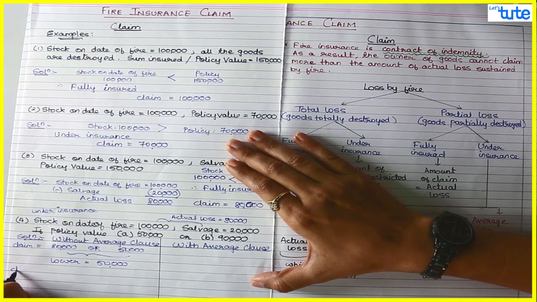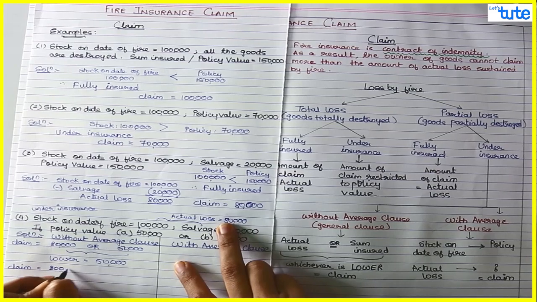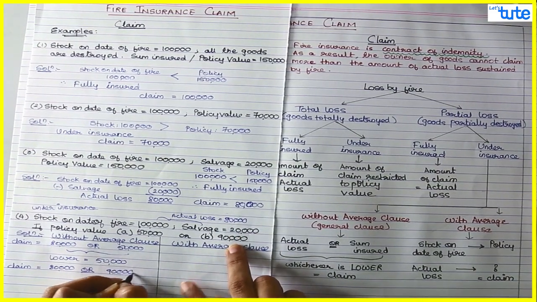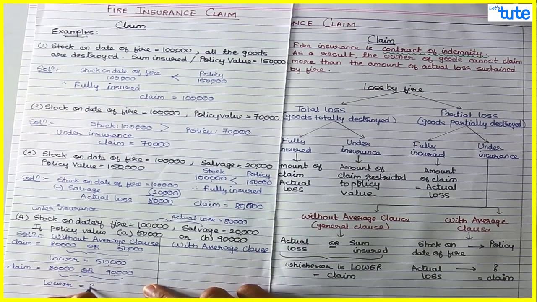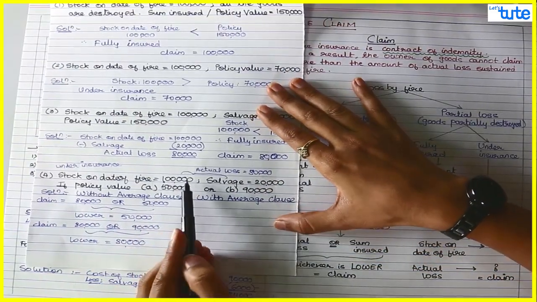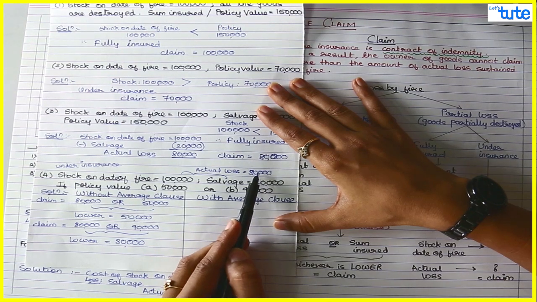So again, claim would be actual loss or your policy value, which is now 90,000, whichever is lower. So over here your lower amount is 80,000. So guys, you understood this? Now see, actual loss suffered, that you understood, that 1 lakh minus 20 is 80,000.